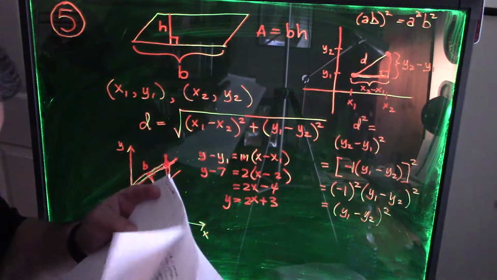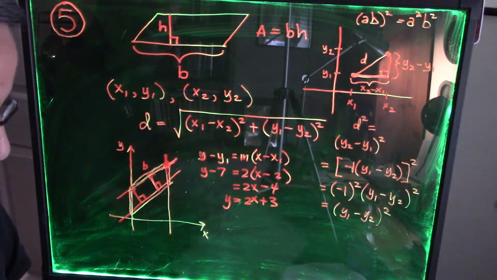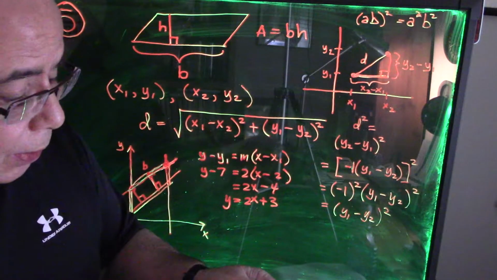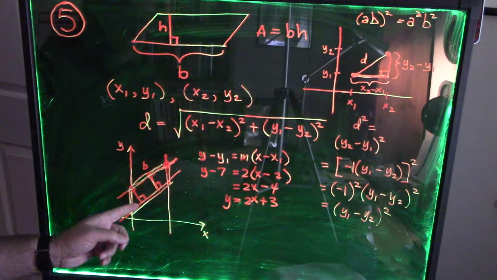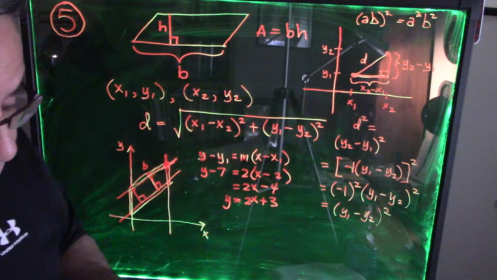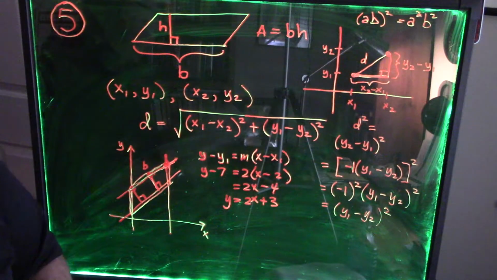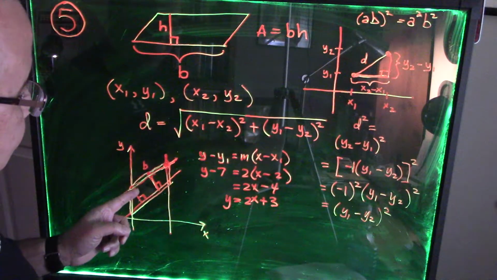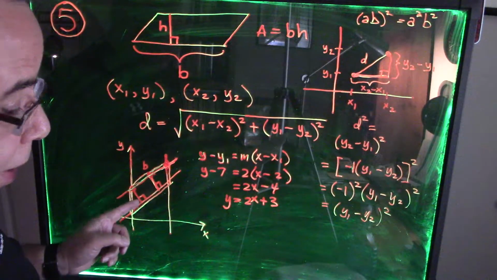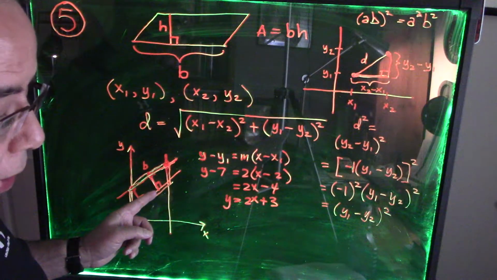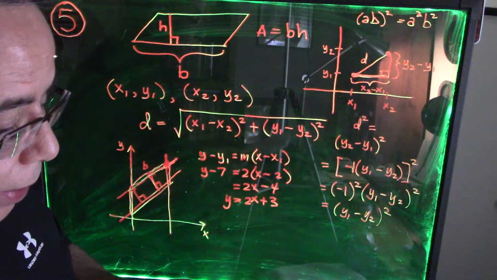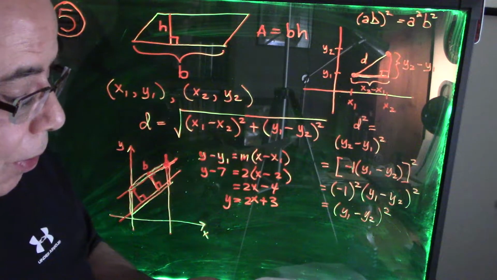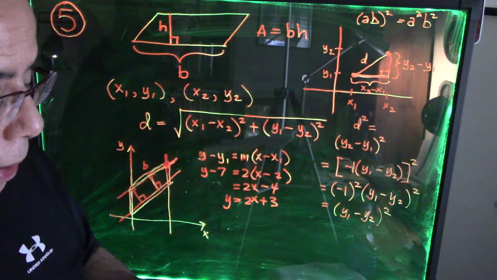Now what we need to do is find h, the height. To do that, you pick a point on either this line, y equals 2x plus 3, or the line they gave us, f of x equals 1 plus 2x, and use the slope for the perpendicular to those lines, which is -1/2.